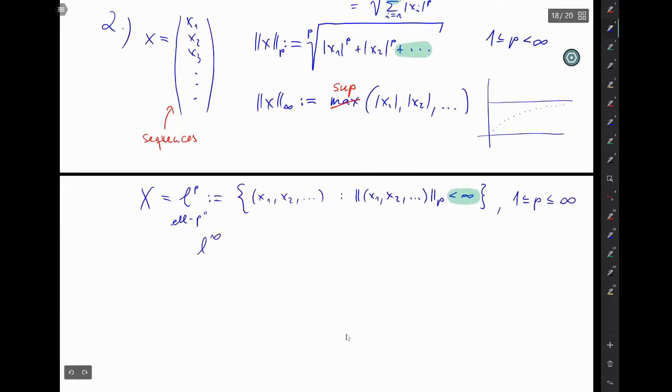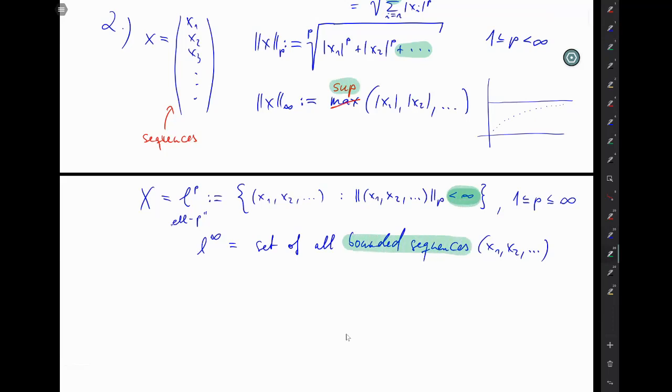So L infinity is then the set of all bounded sequences x1, x2, and so on, because the fact that the supremum shall be finite means it's a bounded sequence, right? We used to say bounded sequences in analysis 1, now we say L infinity. Sounds a lot more technical, but still the same thing.